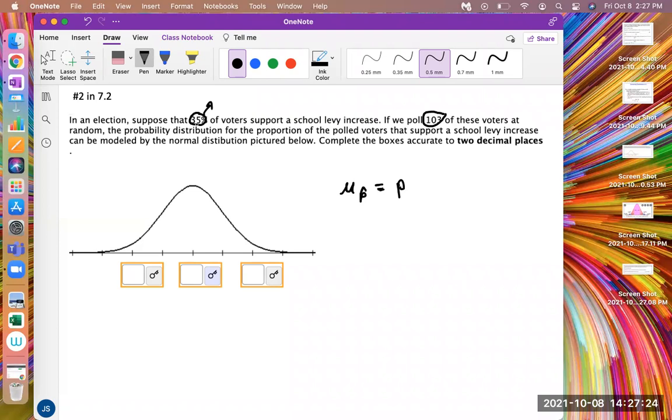So if we took lots and lots of samples and recorded their proportions, a lot of them are going to be reflective of the population. So this is 0.35 right away.